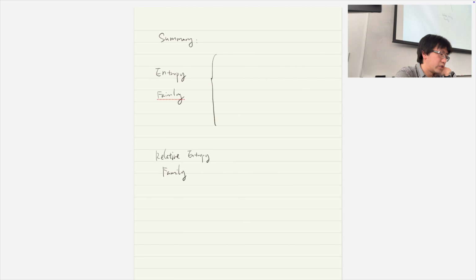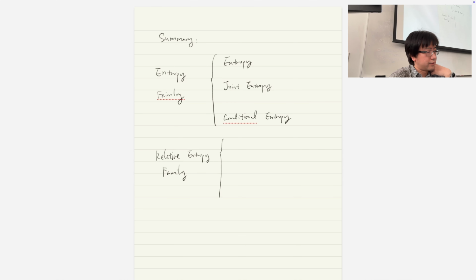For the entropy family, we talk about entropy, joint entropy, and conditional entropy. For relative entropy, we talk about relative entropy and conditional relative entropy.